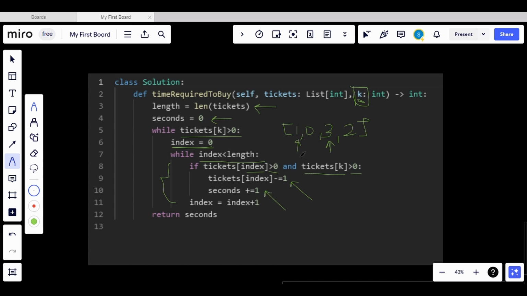Because the seconds will increase only if you are buying a ticket. If you are not buying a ticket, that's the case when the ticket at the index is already 0, you don't spend any time buying the ticket, so you don't have to increment those seconds, right?